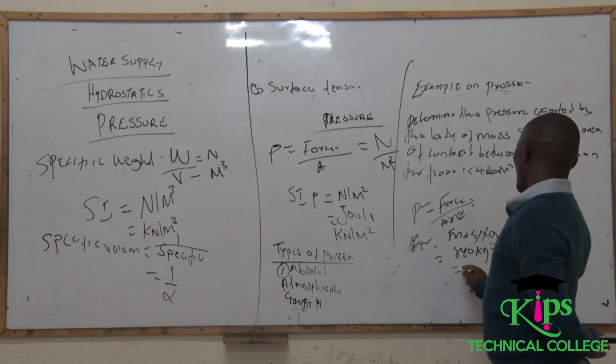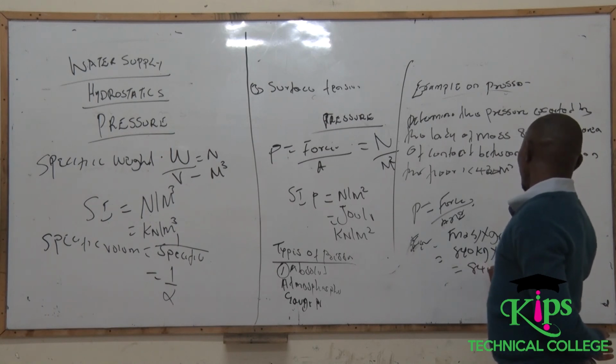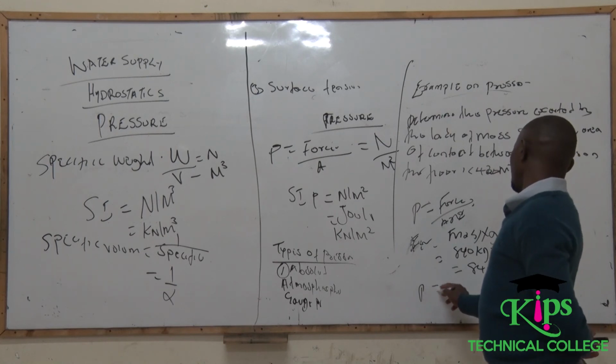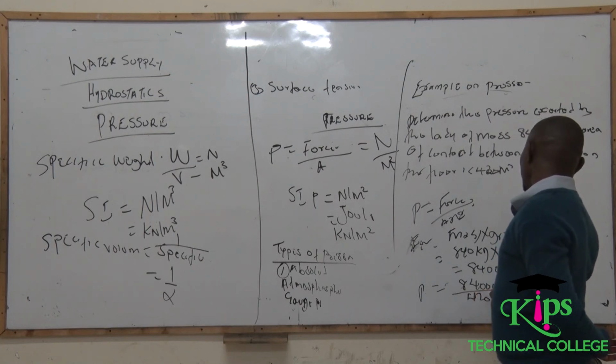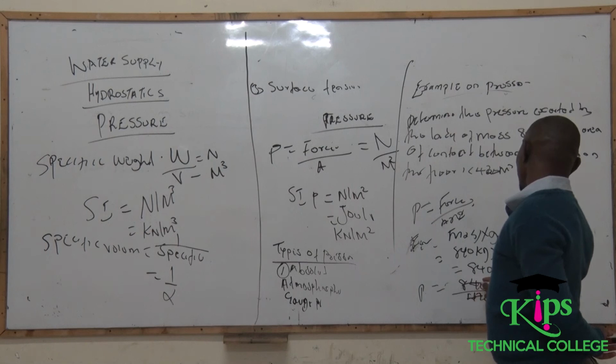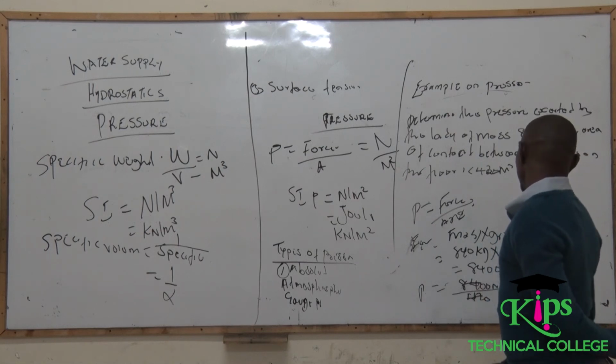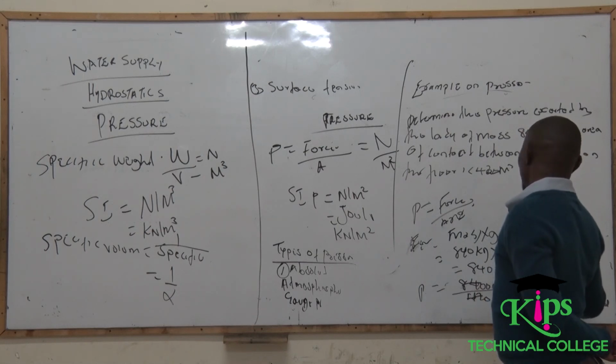Therefore, our force is 8,400 Newton. Our pressure will then be 8,400 Newton divided by 420, which gives us 20 Newton per meter squared.